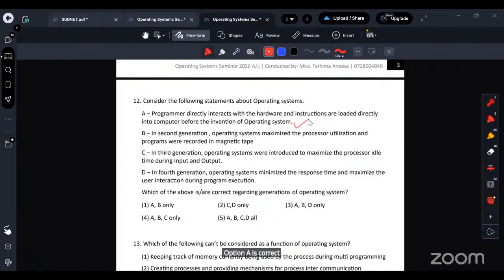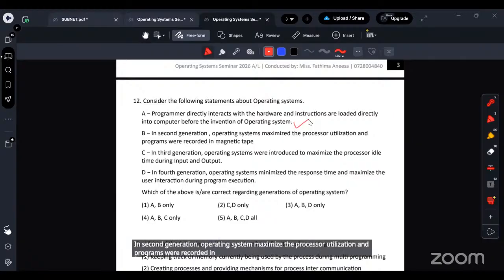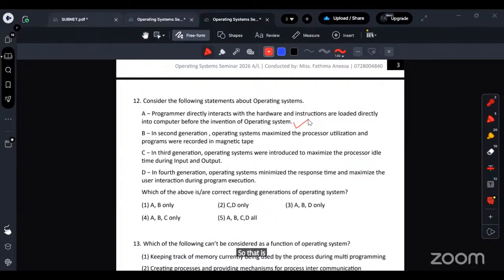B. In second generation, operating systems maximized the processor utilization and programs were recorded on magnetic tape. So that is true. Second generation, what is it known as? Batch system. It used magnetic tape. Remember that as well. It was used to group jobs, aiming to maximize processor utilization.